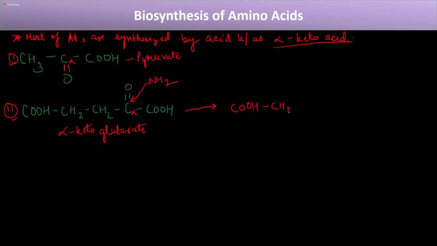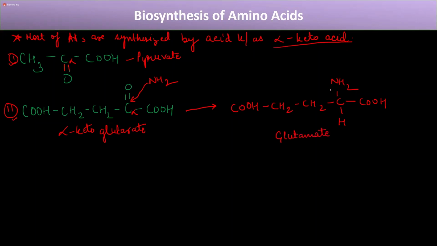Here it will have NH2, H will be attached to complete the valency, and COOH. We saw this structure in our last class. It is an acidic amino acid known as glutamate.